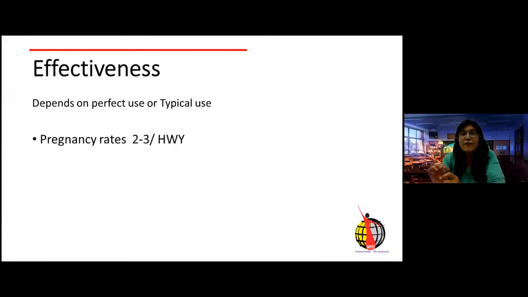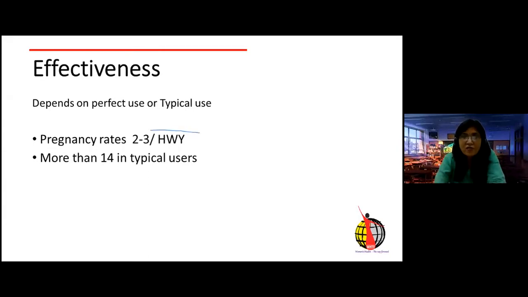In case of a perfect use, the pregnancy rates are 2 to 3 per 100 women years. So use the unit properly. And if you're talking of a typical use, then it may be 14 to 25 depending on how they are using the condom. Okay, so that is how you're going to answer when you're asked about effectiveness of any condom.